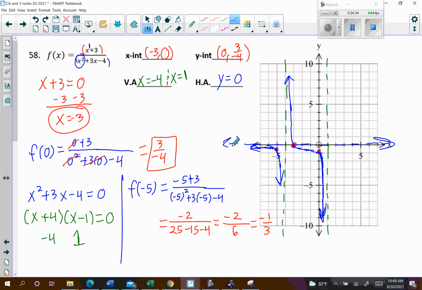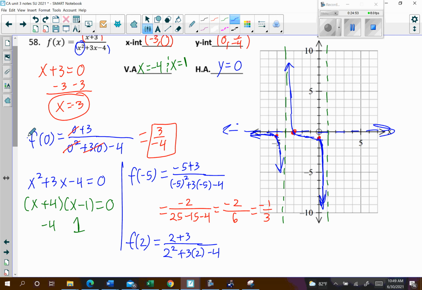Okay, so now we've got to try something on the right side. So we could try, I don't know, 2 or 3, whatever you want to try. Let's just keep the number small. Let's try 2. So f of 2: 2 plus 3 over 2 to the power of 2 plus 3 times 2, take away 4.